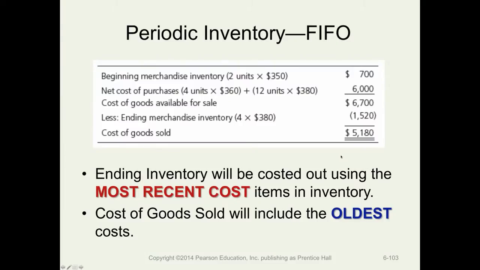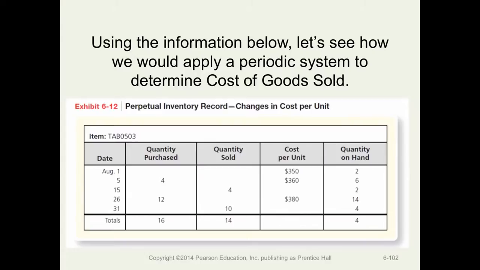Under FIFO, if we were calculating this ending inventory, and I'm going to go back for a moment, we would first of all note that the beginning inventory is going to be 2 units at $350. We're now going to take our purchases together: the 4 units at $360 plus the 12 units at $380.